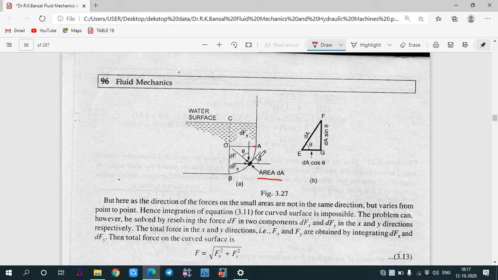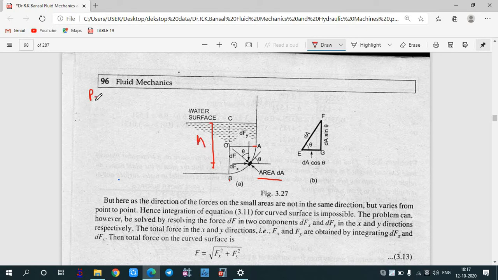In order to calculate the pressure, we can see that this area will be at a certain height from the free surface. Suppose the height is h.